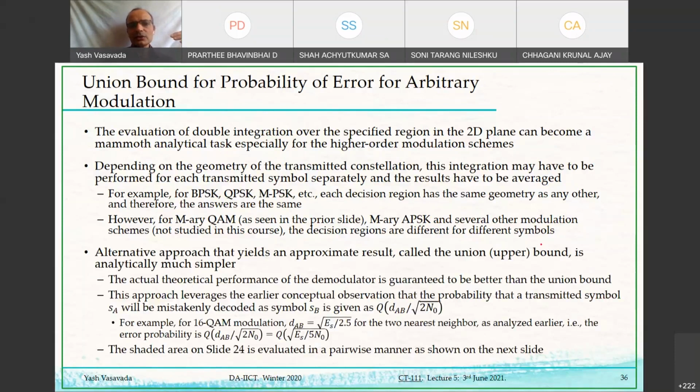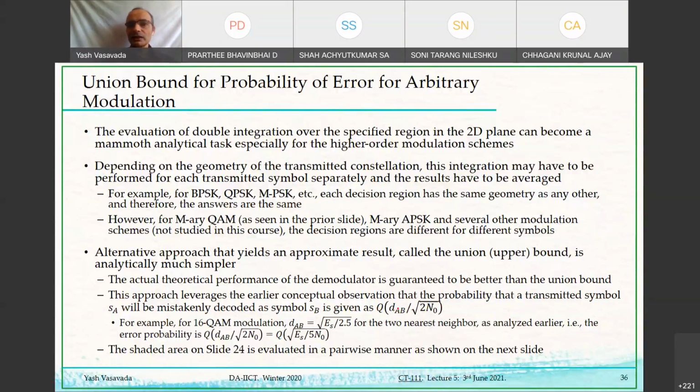But instead of that, we are going to use an alternative approach, which is called the union bound. Actually, it is called the union upper bound. Why it is called union bound and why upper bound is something that we are going to look at now. This approach is going to leverage our earlier observation that the pairwise probability of error is always given by this formula, Q of the distance divided by the square root of 2 N0. For 16-PAM, we have already earlier defined this distance.